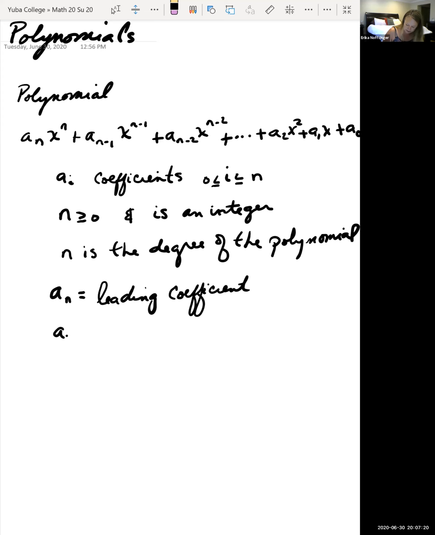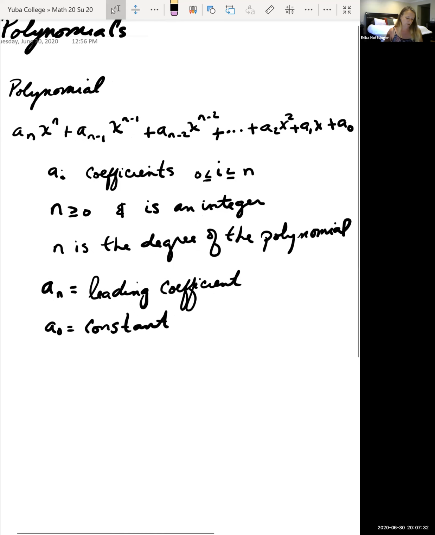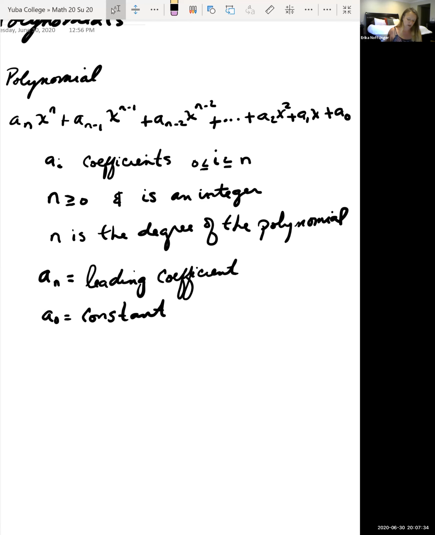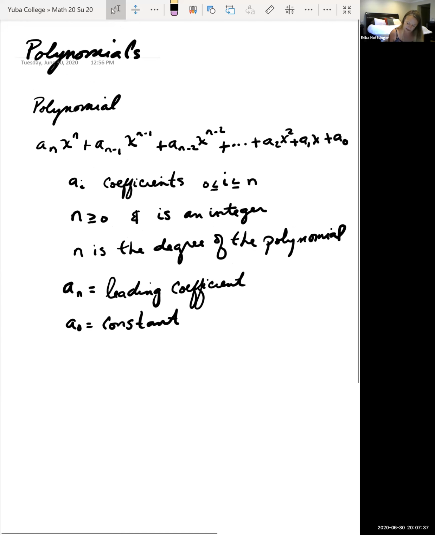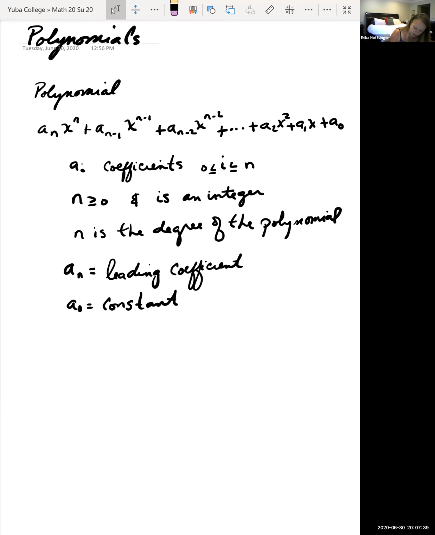And the a sub 0 value, the one that doesn't have the x attached to it, this is our constant. And if we want, not as an expression but as a function, f of x is equal to this.